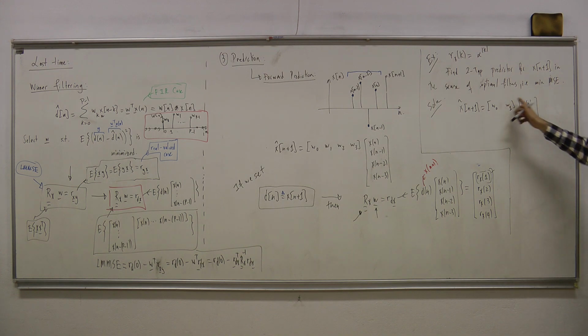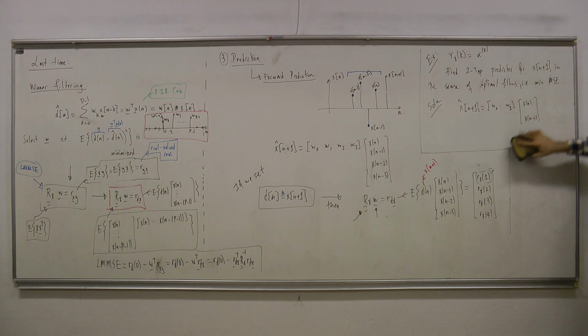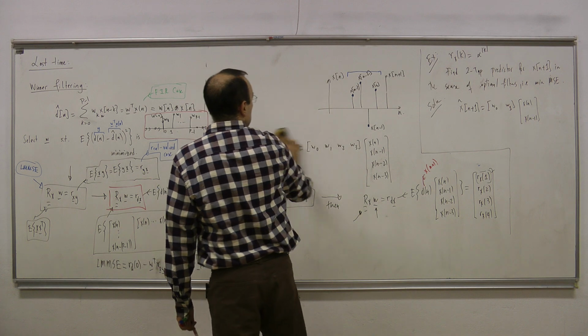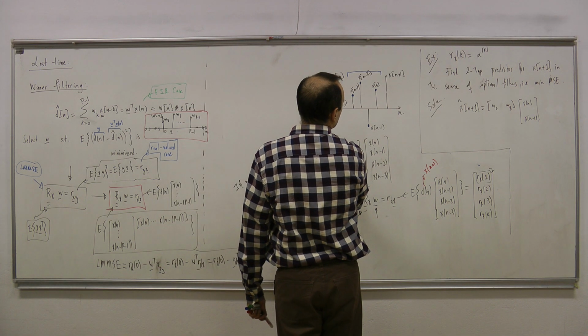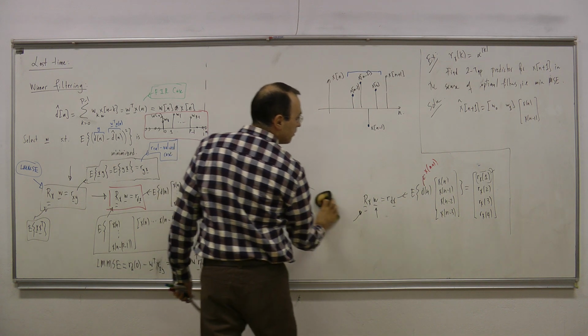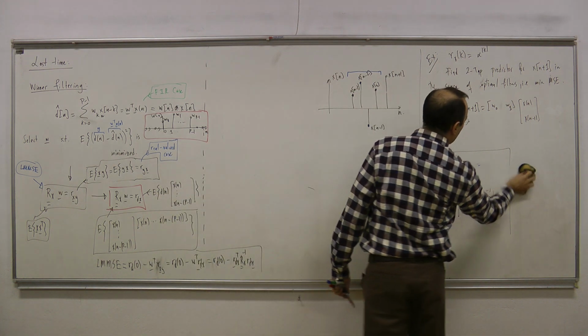These are the weights to predict the n plus 1 value, this process sample, from the earlier samples in the history of n plus 1. So what should I do? Should I erase this part? Let me keep this drawing. Let me erase this. Let me erase all of it.